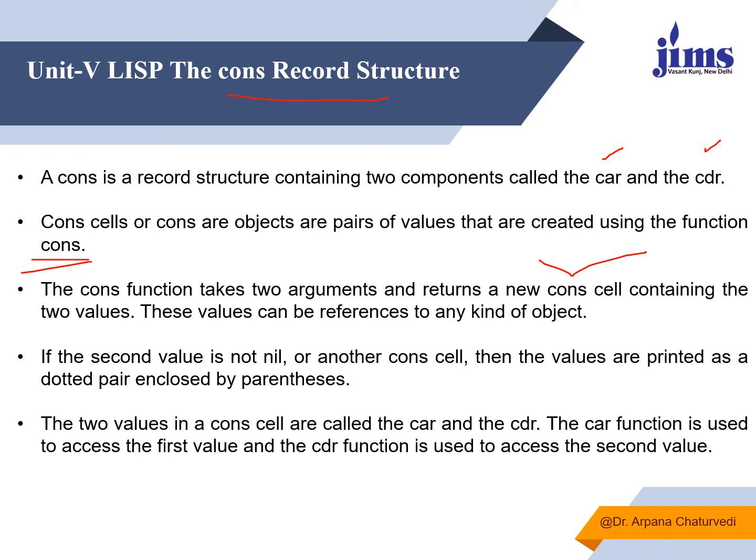If the second value is not nil or another cons cell, then the values are printed as a dotted pair enclosed in parentheses. The two values in a cons cell are called the car and the CDR. The car function is used to access always the first value, whereas the CDR function is used to access the second value onwards. Car gives the first value from the list, CDR gives everything except the first, second value onwards. How? We will see this.